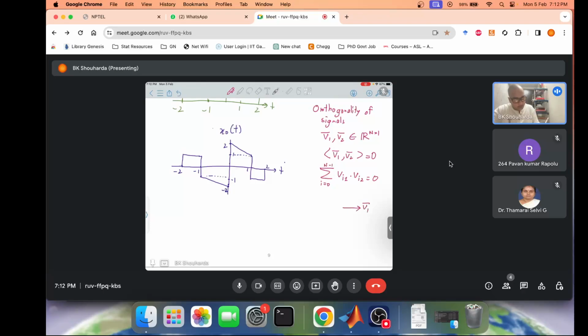In other words, you write this, okay, so that means that there is no connection or correlation between them. Similarly, this is for the vector space, elements in a vector space.